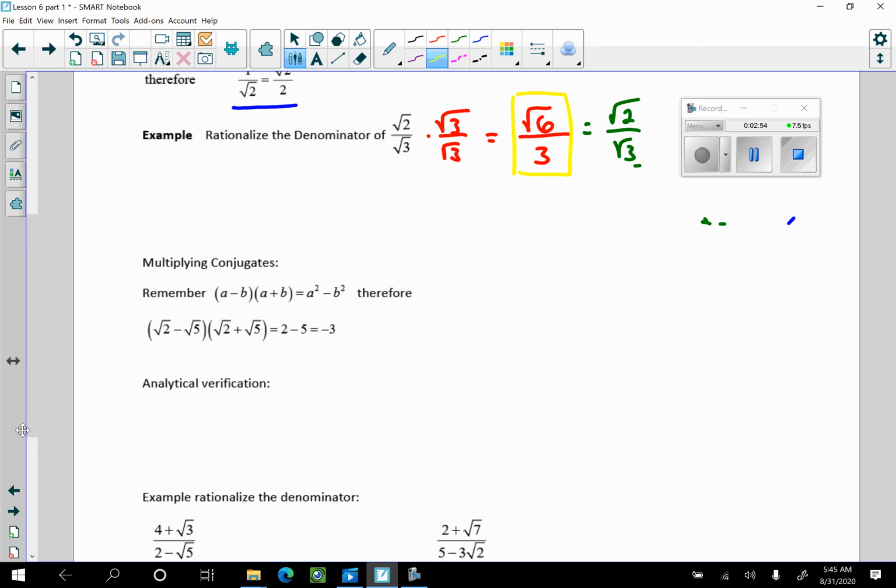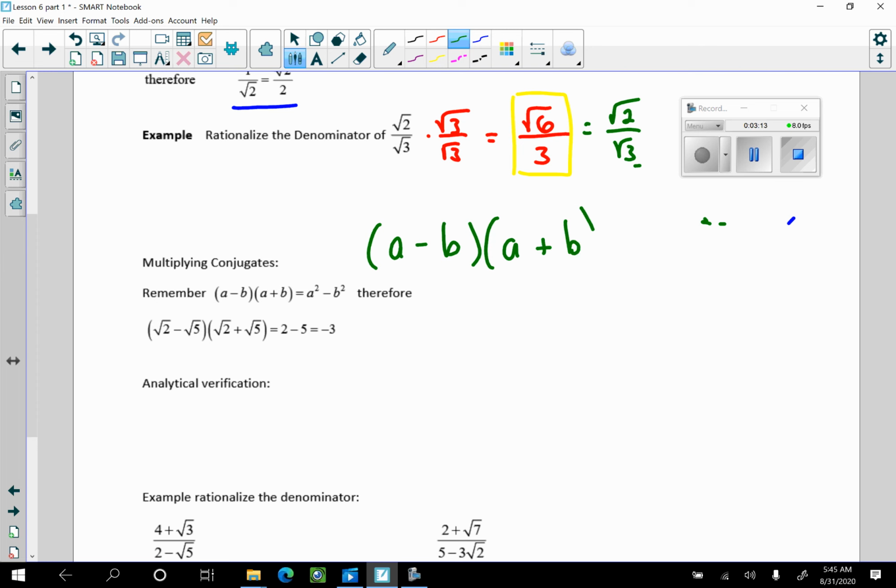Now we're going to talk about a very important concept, multiplying conjugates. We're going to multiply conjugates of square roots. The conjugate of a minus b is a plus b.